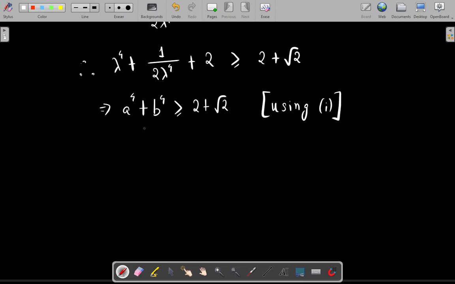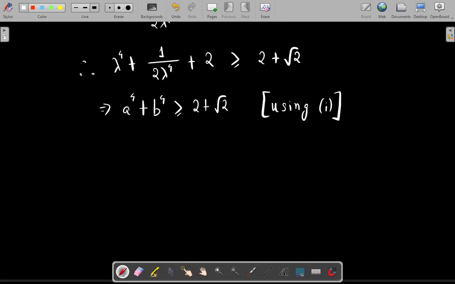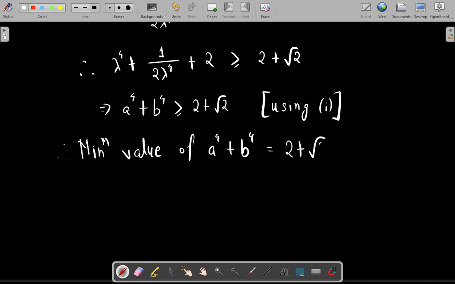Okay, so we had to find the minimum value, right? So this will be the minimum value. Therefore the minimum value of a to the power 4 plus b to the power 4, the least value, will be 2 plus root 2, and any other value will be more than that as per this inequality. So the least possible value of a to the power 4 plus b to the power 4 is 2 plus root 2. Okay, so this is it.